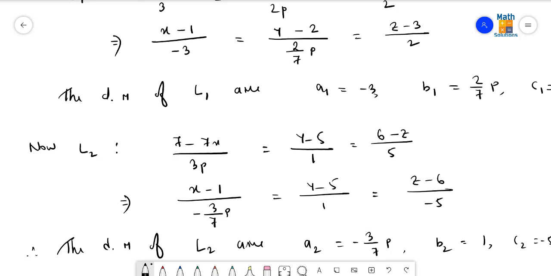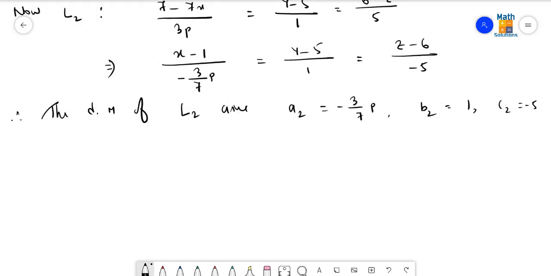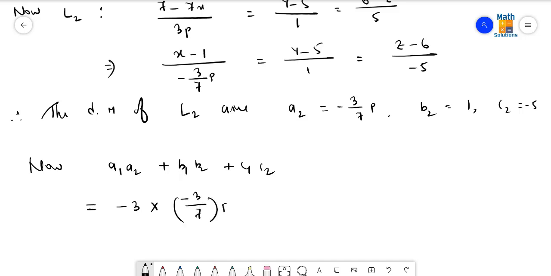Now we already know that we have to find out the sum of the products of these direction ratios. Now we can write A1 A2 plus B1 B2 plus C1 C2. Let us check what results we get. For A1, actually we needed to put minus 3. That should be multiplied with A2. It is minus 3 by 7p.